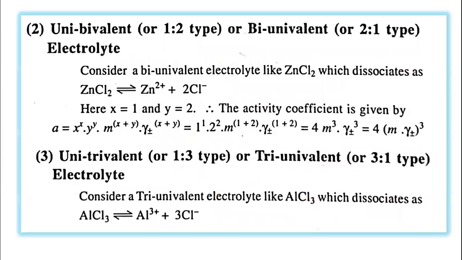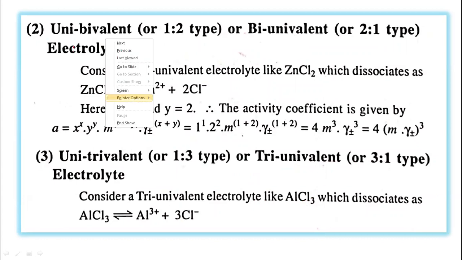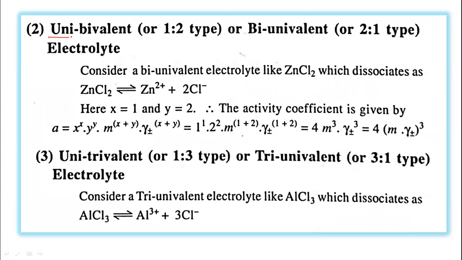The second type of electrolyte is the unibivalent type. What do we mean by unibivalent? The number of cations is 1 but the valency of the cation is 2. For example, Zn2 plus.